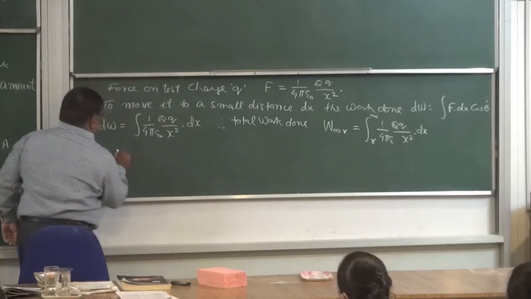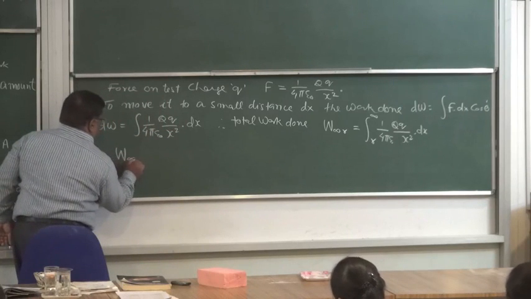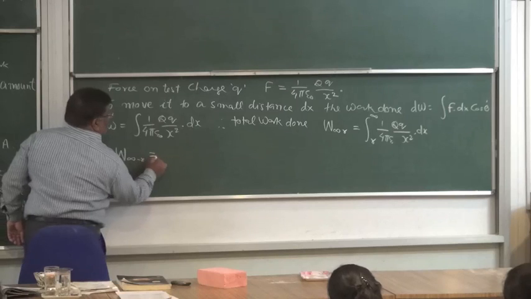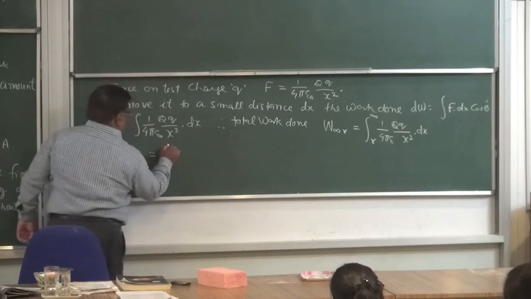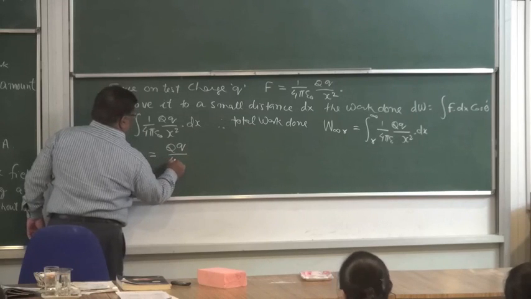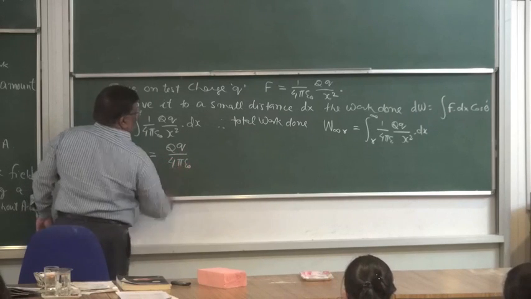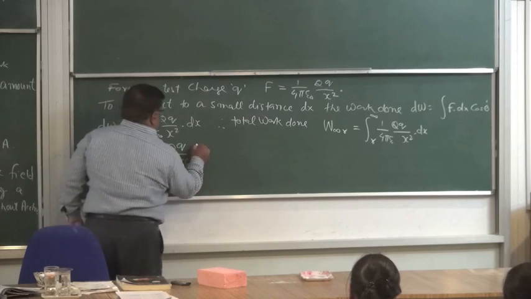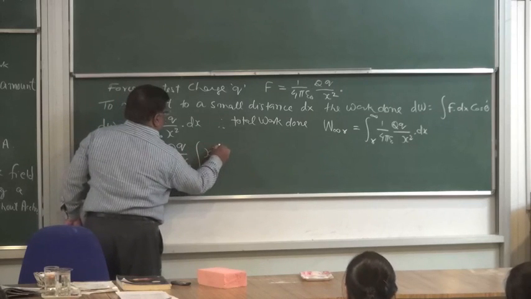So again, work done from infinity to R is equal to, constants बाहर ले लेते हैं, the constants will come out, and what is to be integrated?